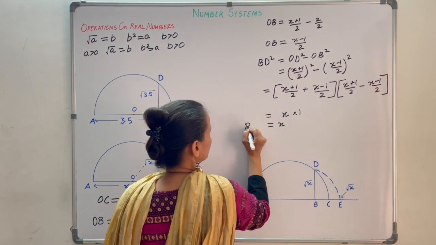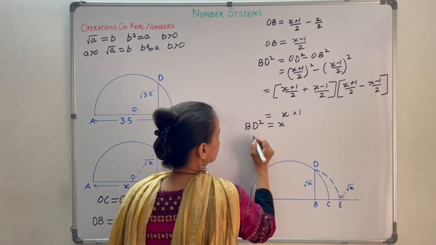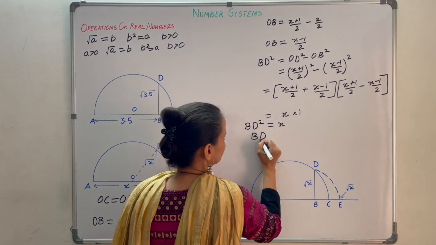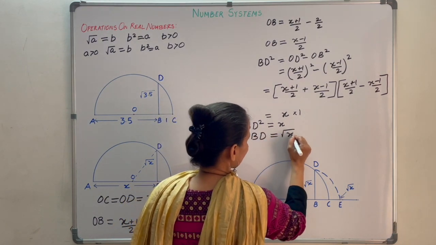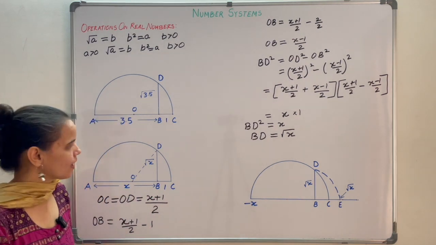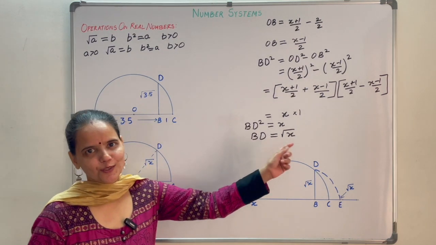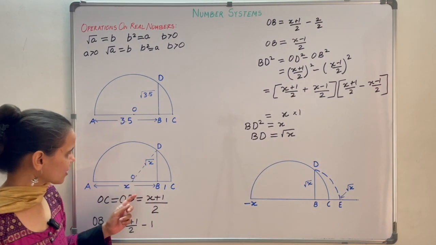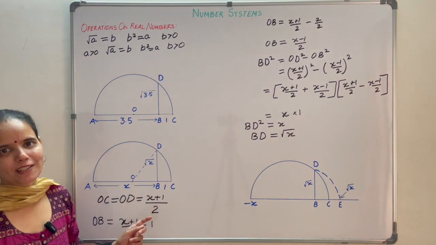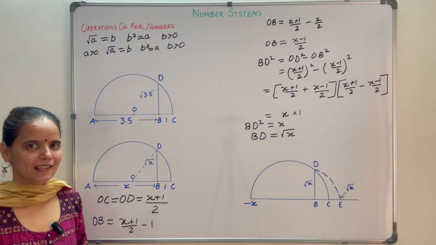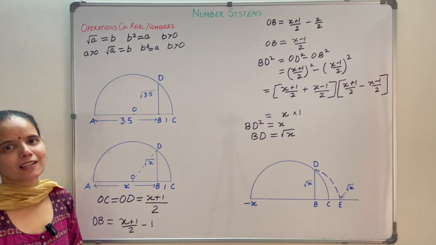So if you take the square root on both sides, you will get BD. So BD is equal to root x. So now you have understood why BD is the square root of x. So this construction shows the visual and geometrical way of representing root x, where x is a positive real number.